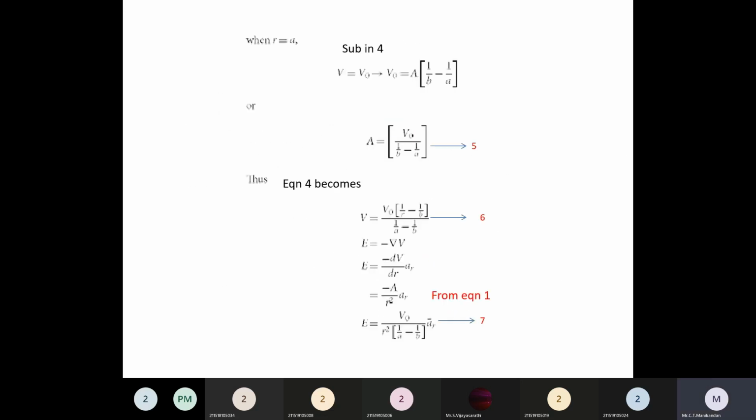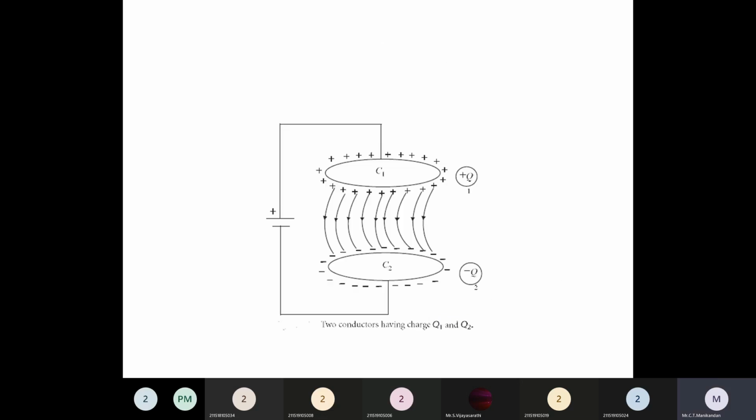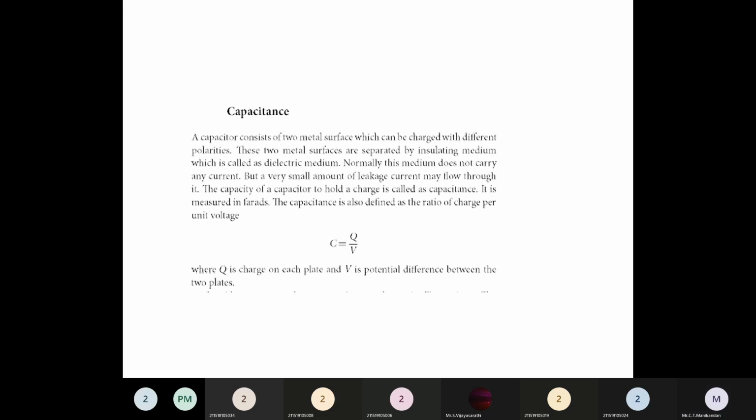Now we can go straight to capacitance. You know about the capacitance concept: it is a ratio of charge per voltage, that is, the potential difference.